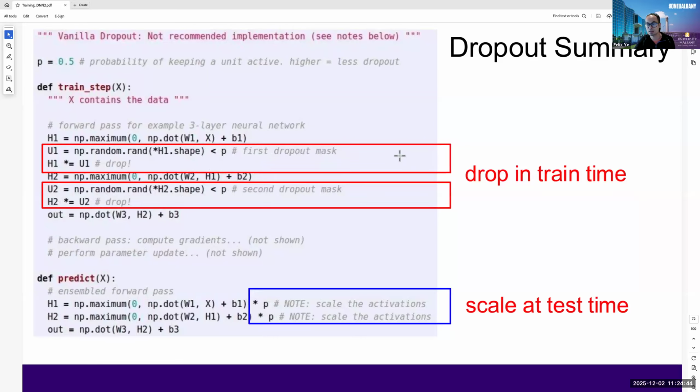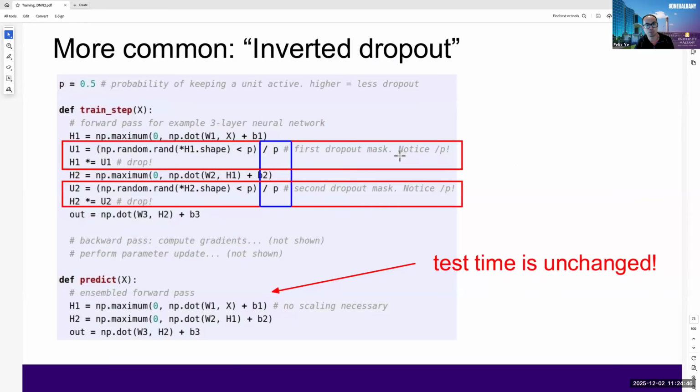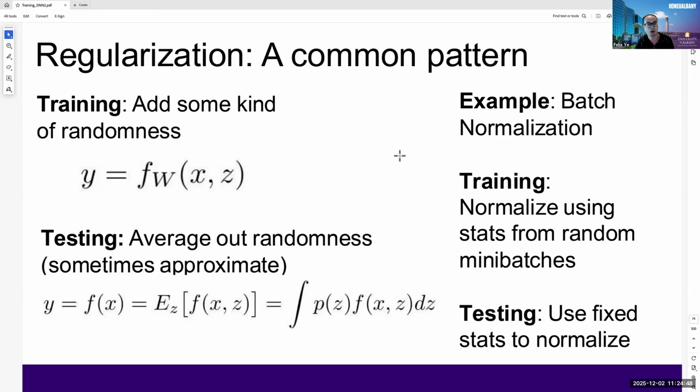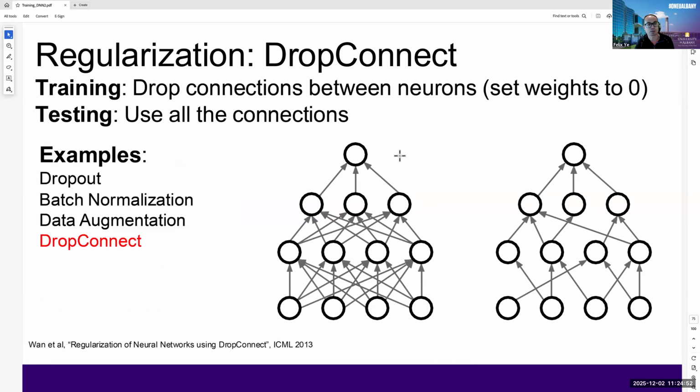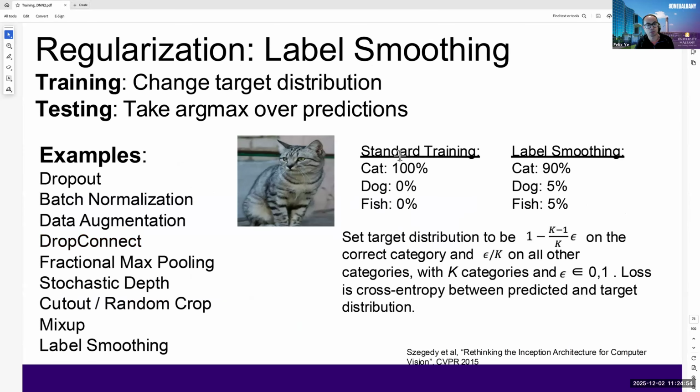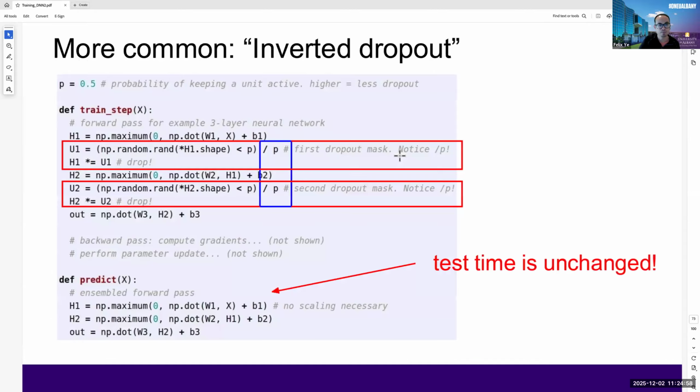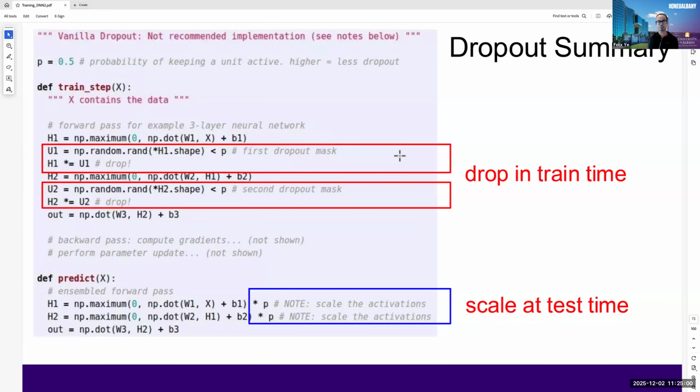Okay, so this is the summary of the dropout. I don't want to get into too much today. So this is the dropout summary.